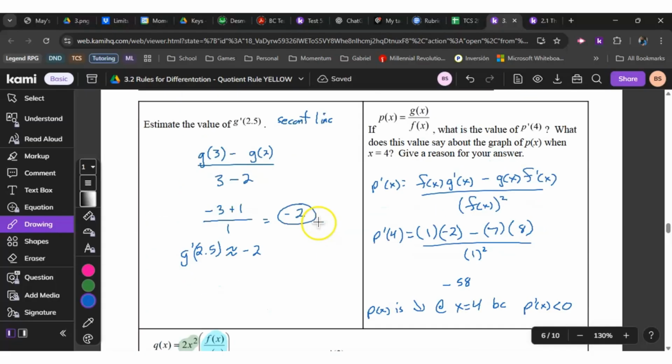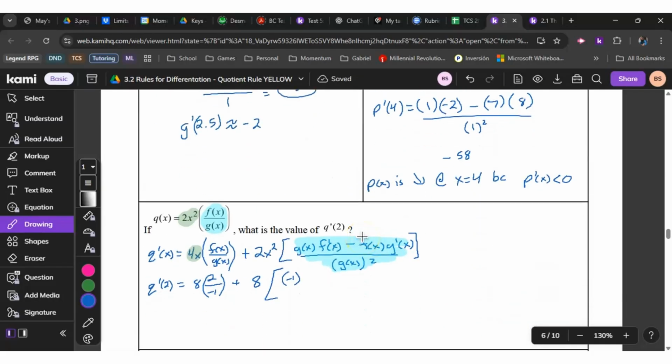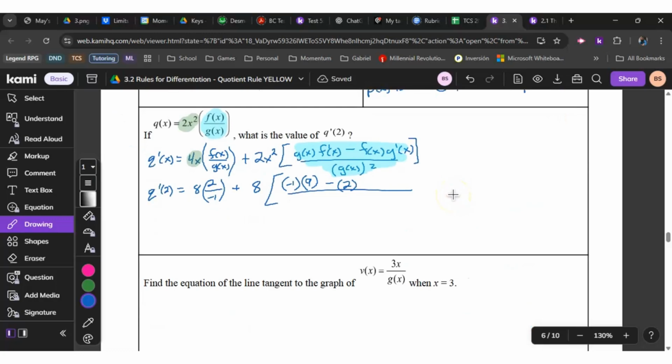F prime of 2 is 9. F of 2 we just did as well, that was 2. G prime of 2 is negative 1. And then g of 2 was negative 1, and then we're going to square that.